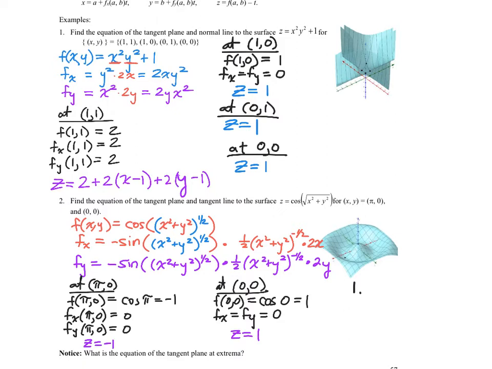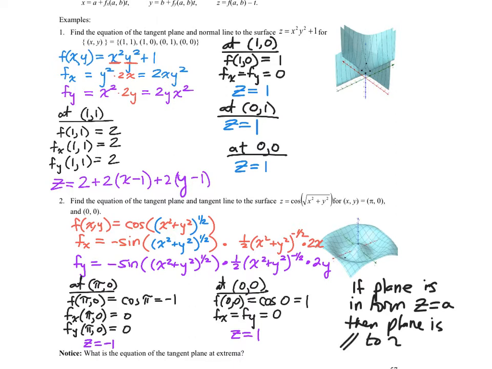So if the plane is in the form of z equals some constant value that we can call a, then the plane is parallel to xy.